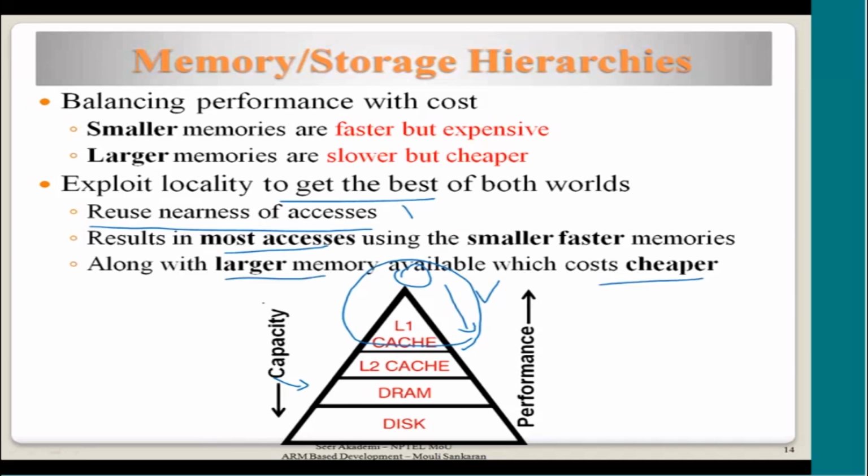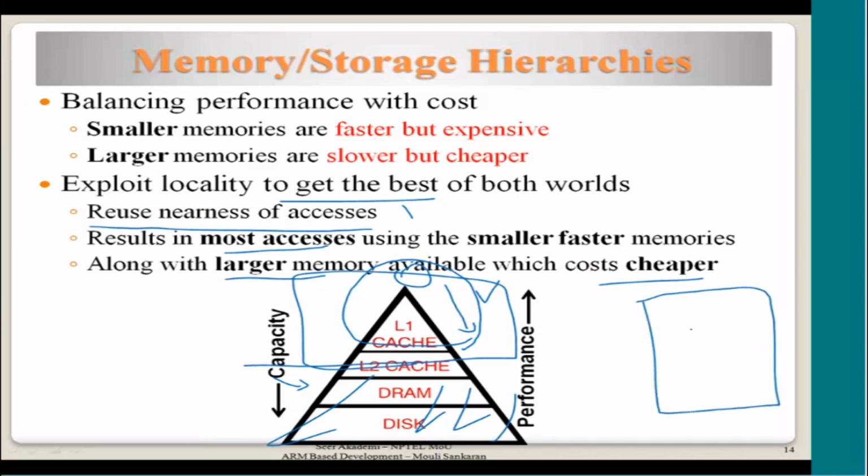But can I say that, anyway most of the accesses are to the local memory, so I don't need DRAM or disk at all, I will keep only the cache and build my system? It is not possible. What I told you is, a smaller part of the memory is used more frequently. That doesn't mean that your program is small. Your program is a larger one. Nowadays the kernel size goes up to a few megabytes.